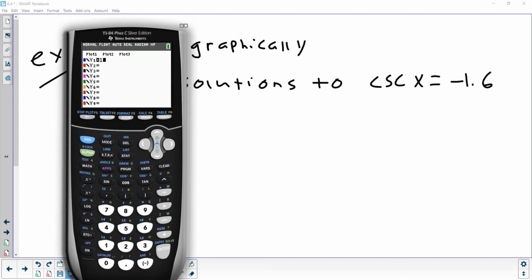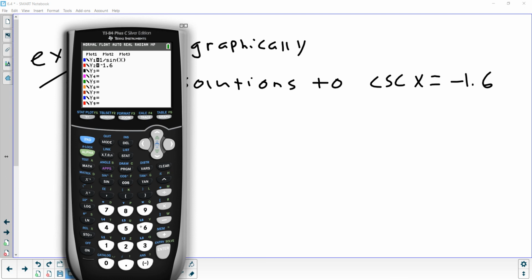All right, so let's put in 1 over sine. Got that. What's going to go in y2? Negative 1.6.